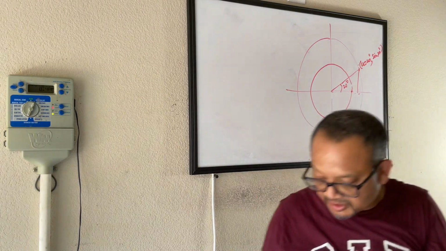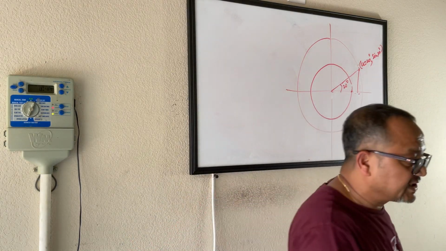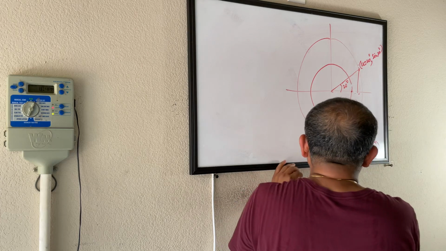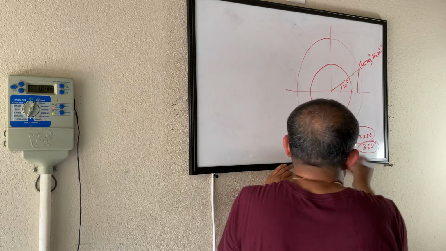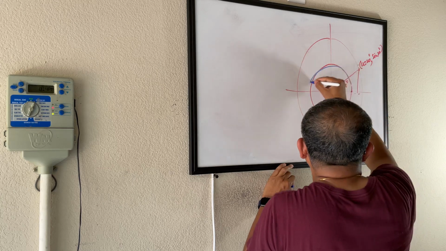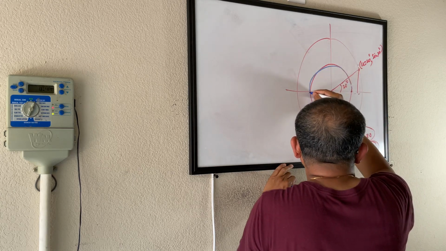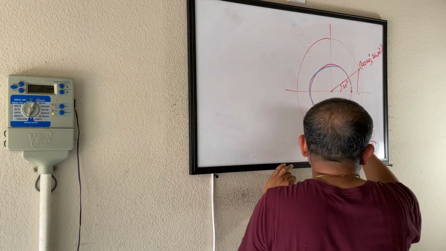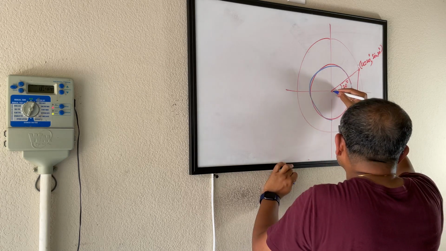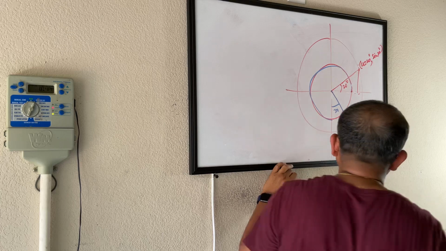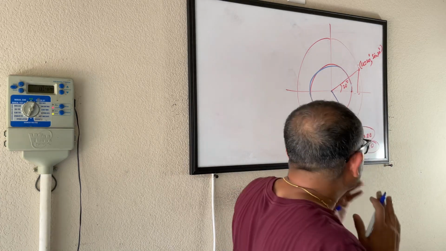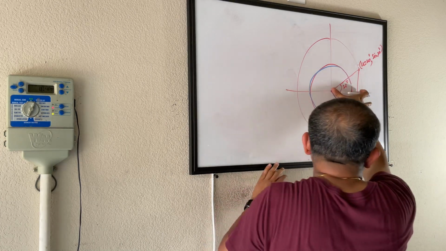If I'm talking about anything less than 360 degree, let's say 300 degree. From here to here is 180. Here to here becomes 270. If I'm talking about 300, I'm essentially talking about 270 plus 30 here. But my calculation revolves around the horizontal x-axis.